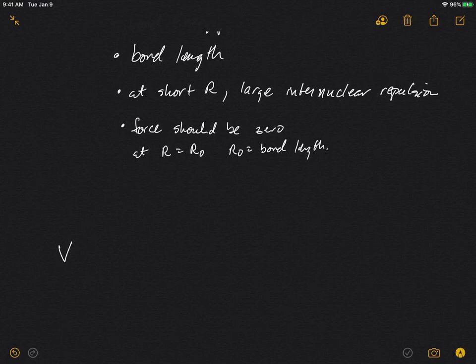So we're going to have V, and this has to do with V of HCl. So this would be the potential associated with the electrostatic and quantum mechanical interaction of the H and the Cl.